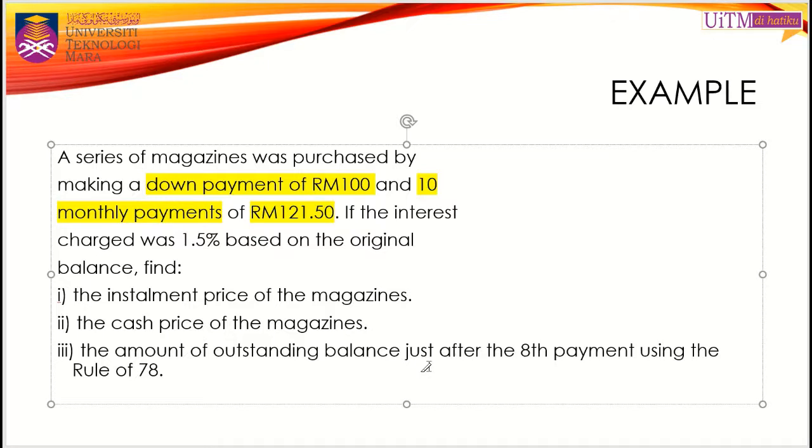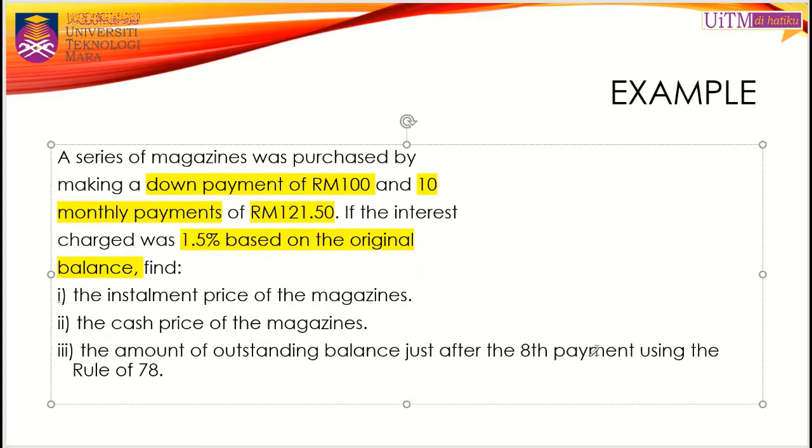So in this case the capital letter R is equal to 121 ringgit and 50 cent. On top of that, you are also given an interest rate charge of 1.5%, and this is based on the original balance, or the flat rate situation.